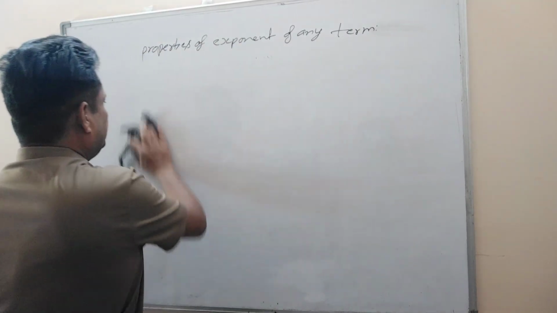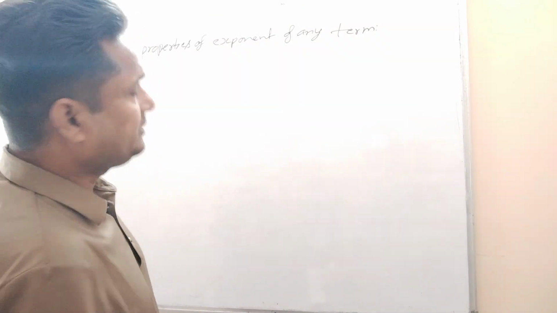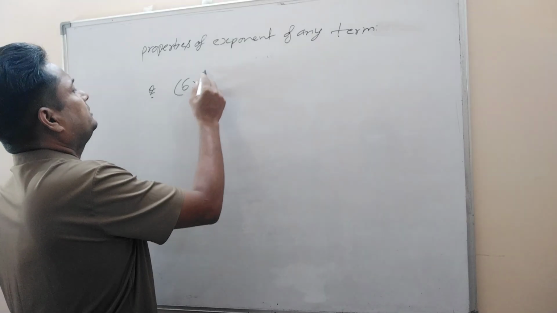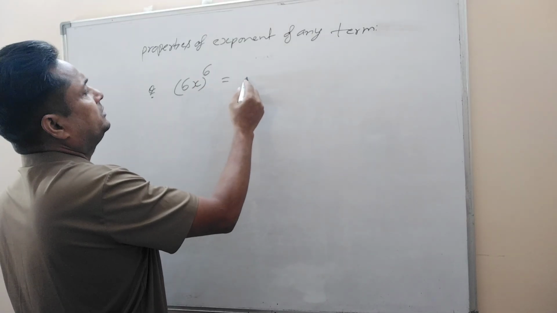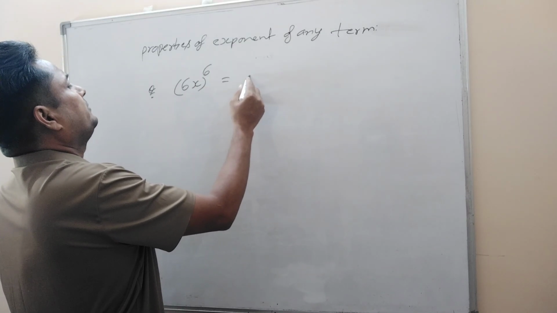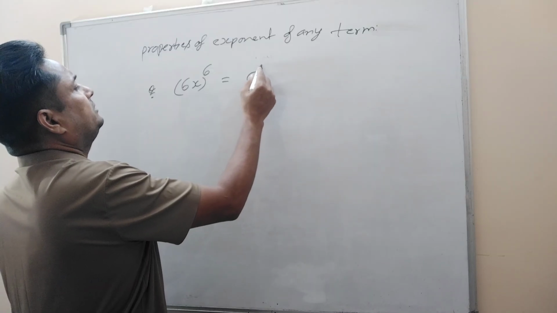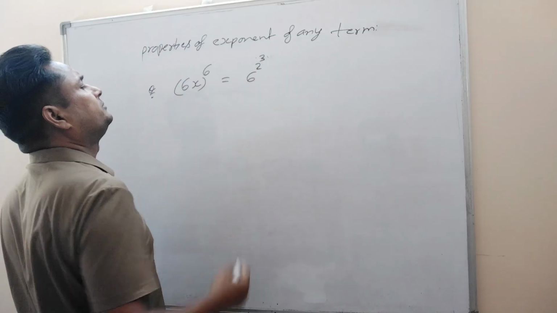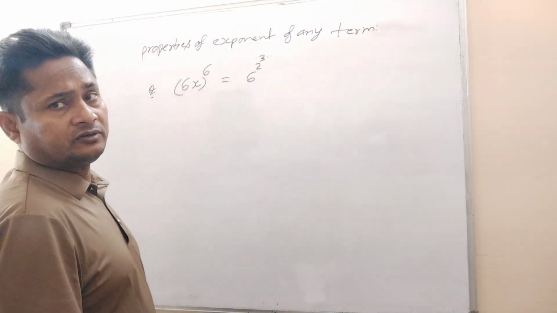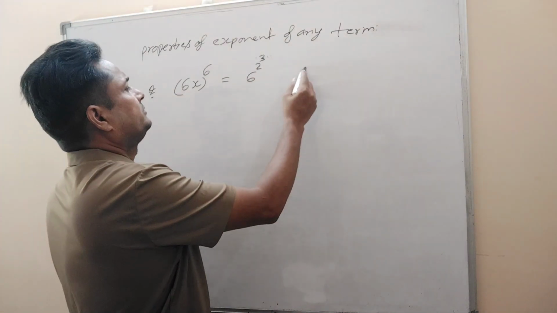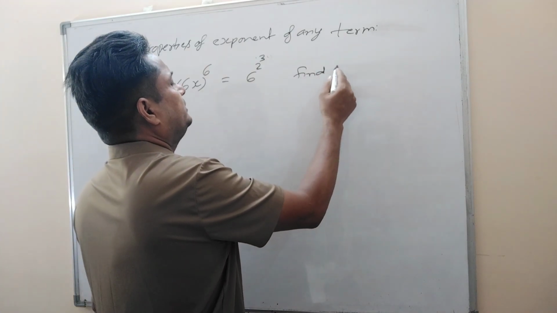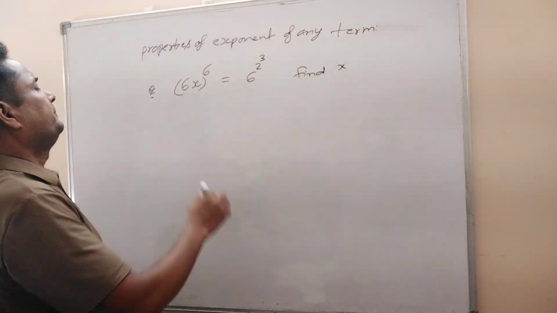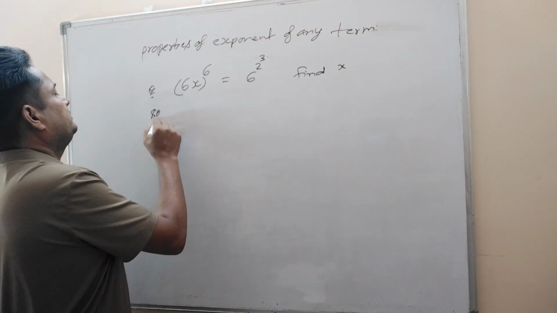So let's solve. The question is 6x to the power 6 is equal to 6 to the power, let's say, 2 to the power 3. Find x. How will you solve this?